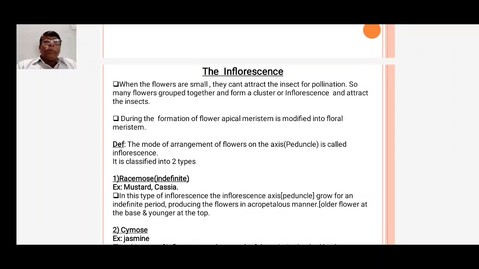Next, types of racemose inflorescence, also not mentioned in your textbook. It consists of nearly 78 different types.